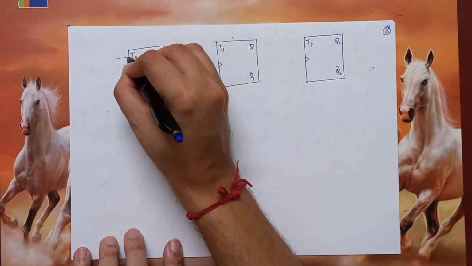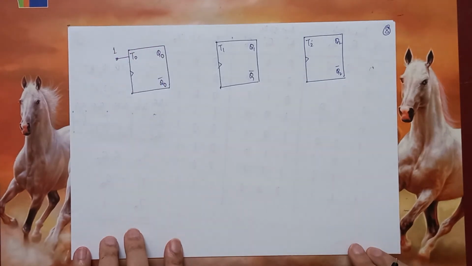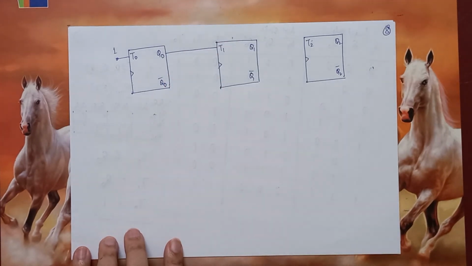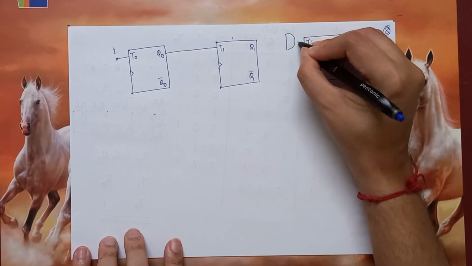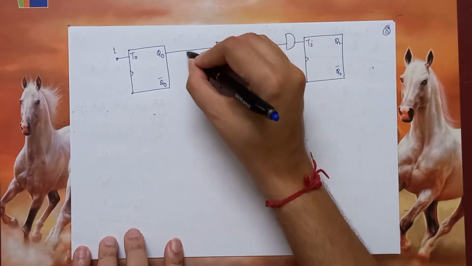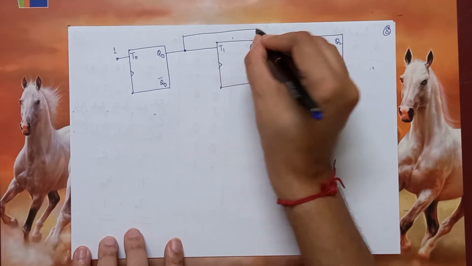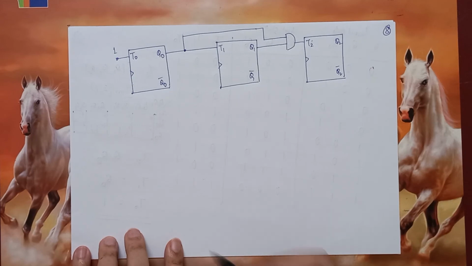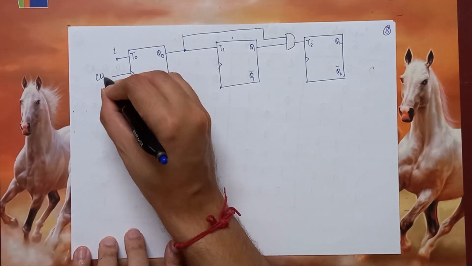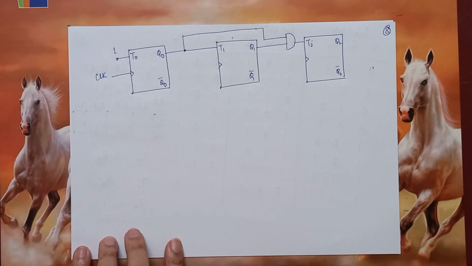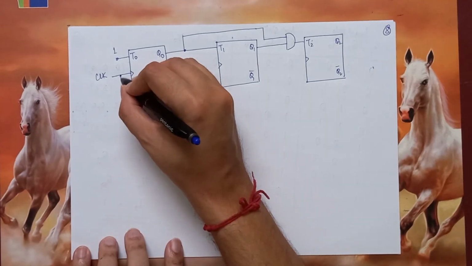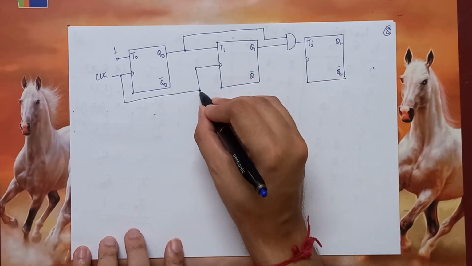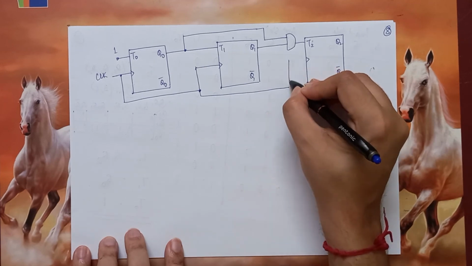T0 is always equal to 1, just like an asynchronous counter. T1 we saw is equal to Q0. And T2 is equal to the AND operation of Q1 and Q0. The clock is over here. The same clock will be fed to the other flip-flops like this one and this one as well.